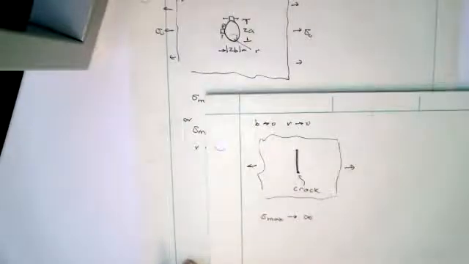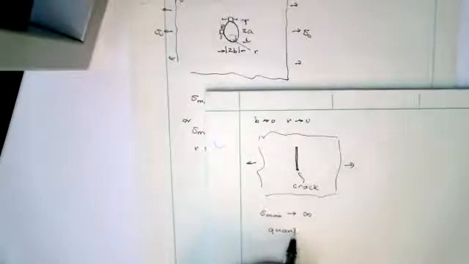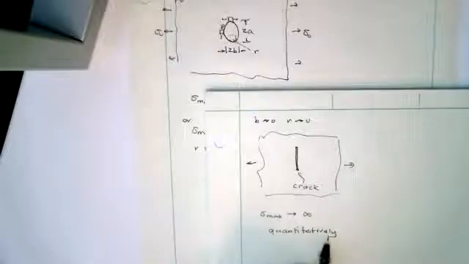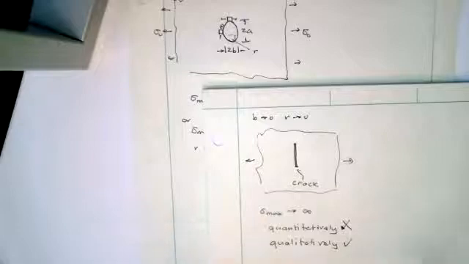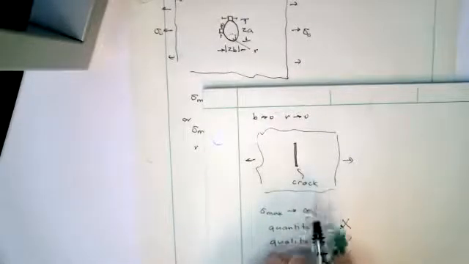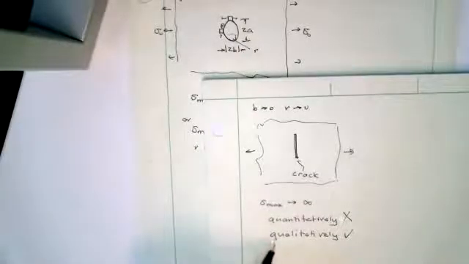Sorry, that's quantitatively incorrect, but qualitatively I got this backwards, it's correct. You can't have an infinite stress, and no material could take that, but you will get a large stress.